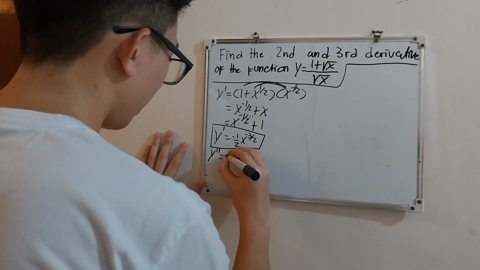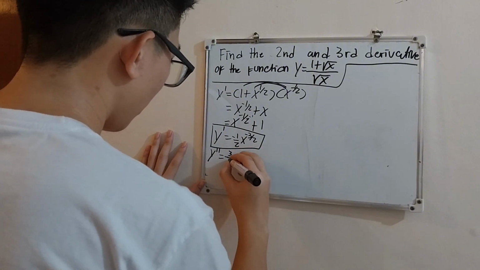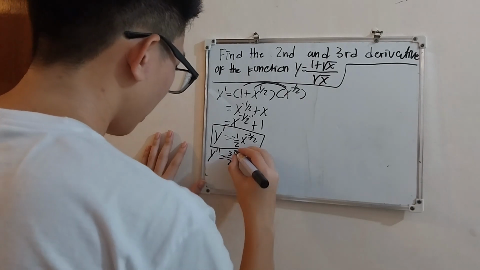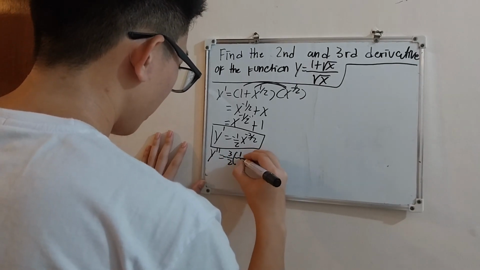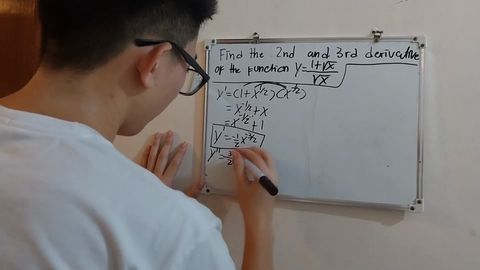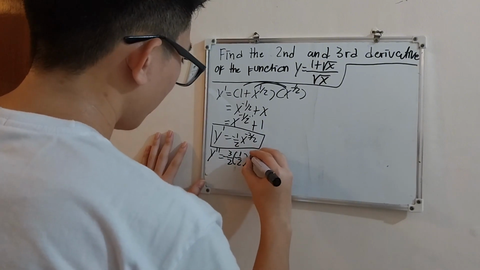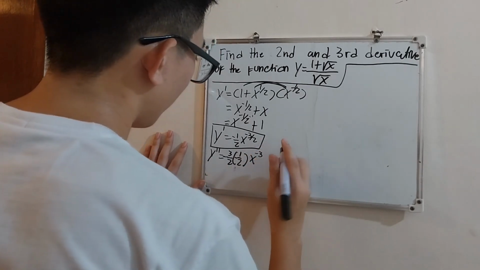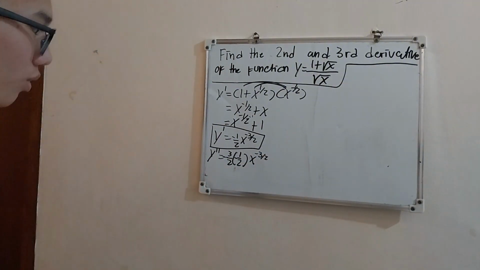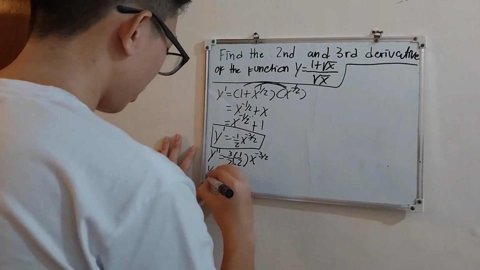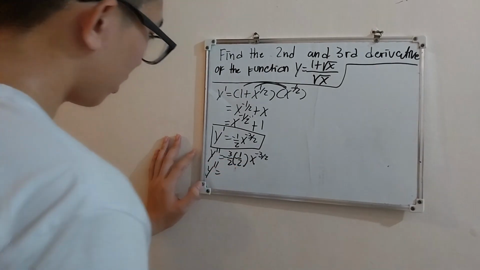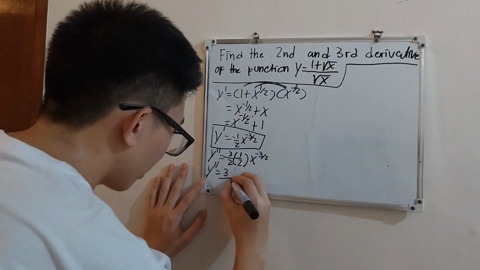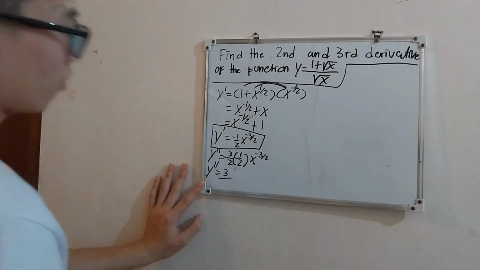Negative 3 over 2, negative 3 over 2, parenthesis, negative 1/2 x to the negative 3 over 2. So what you will do is 3 times 1 is equal to 3, and then 2 times 2 is equal to 4.